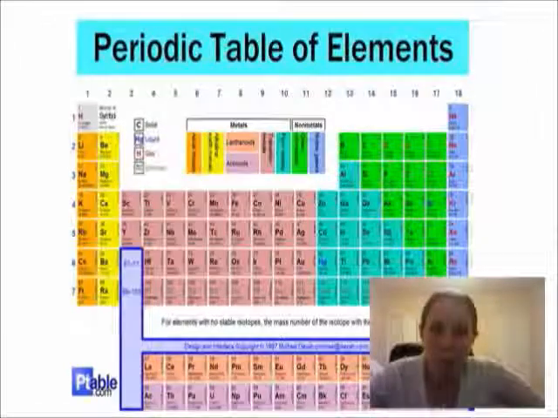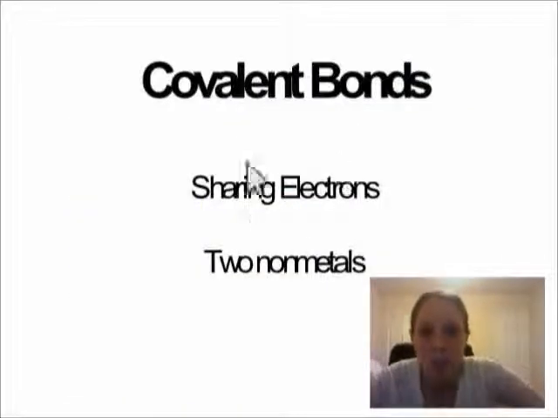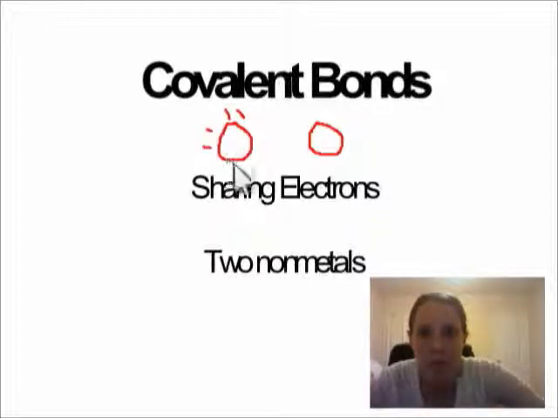So for an example of a covalent bond, I could talk about maybe oxygen and another oxygen. So 2 oxygens. Now each oxygen has 6 valence electrons. 1, 2, 3, 4, 5, and 6. And this oxygen has 6 valence electrons. 1, 2, 3, 4, 5, 6.